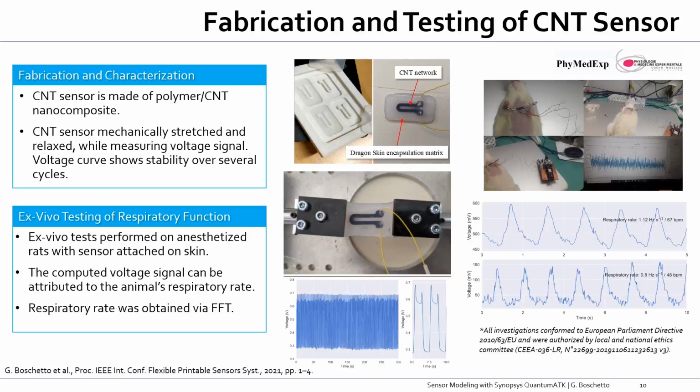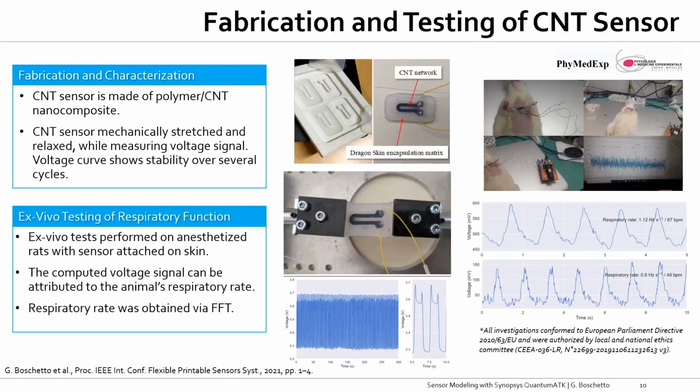To test the sensor, we then attached it to a motor and we measured its voltage over several stretch and relax cycles. As you can see from the plot at the bottom, we saw quite a significant variation in the voltage of the device, which is explained by the breaking and formation of close contacts.